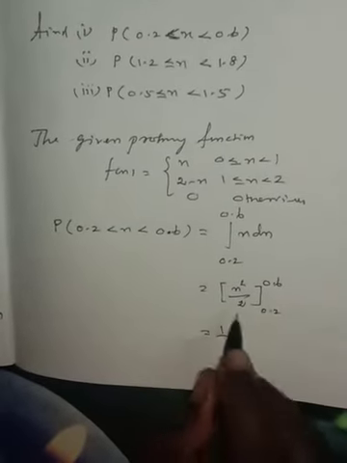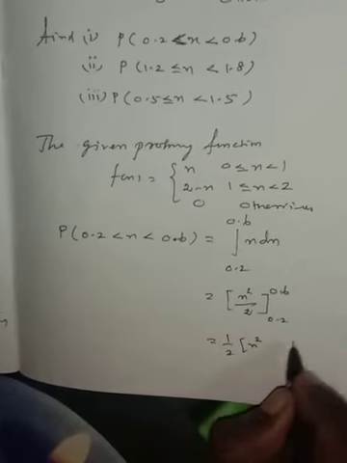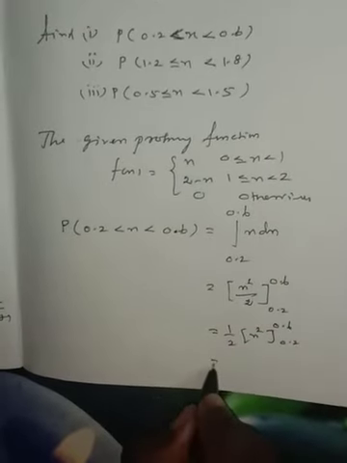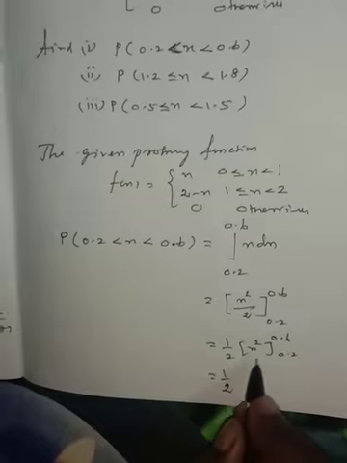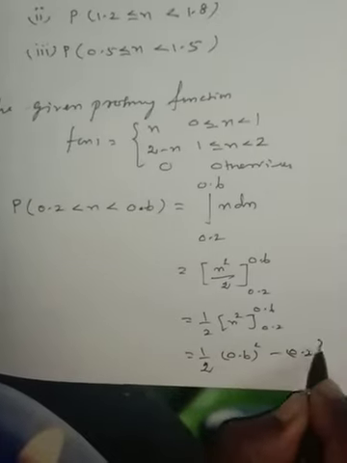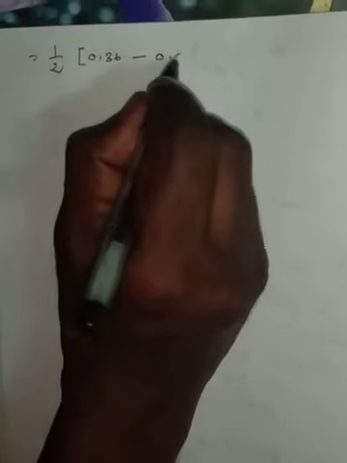Equal to 1 by 2, a constant outside the bracket, x squared, upper limit 0.6, lower limit 0.2. So 1 by 2 into 0.6 whole squared minus 0.2 whole squared, equal to 1 by 2 into 0.36 minus 0.04, equal to 1 by 2 into 0.32.